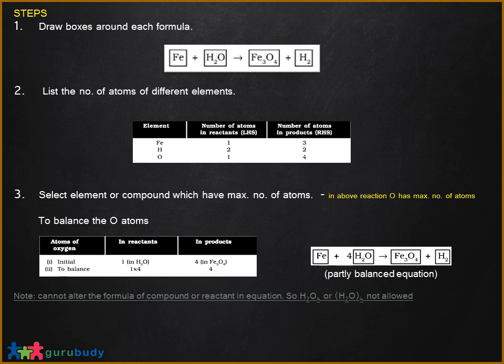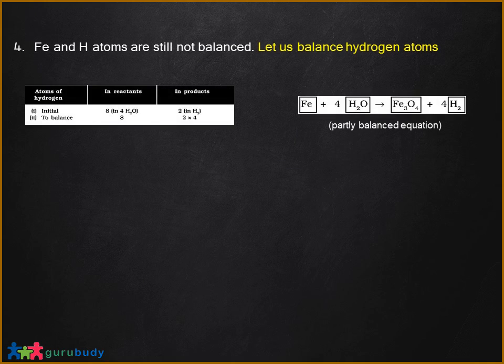Our hydrogen and iron are still not balanced. So as you can guess, our next step would be to balance from either the hydrogen or the iron point of view. Let's say we want to balance from the hydrogen point of view. We have 8 in reactants, and in products we have 2.